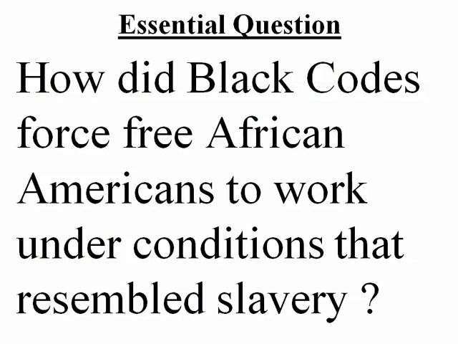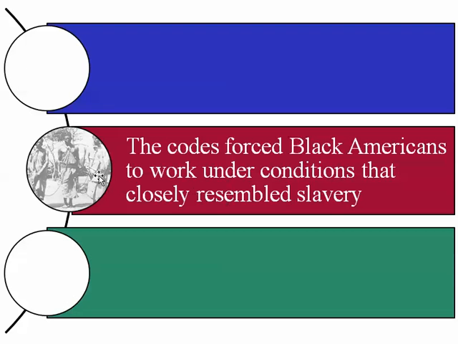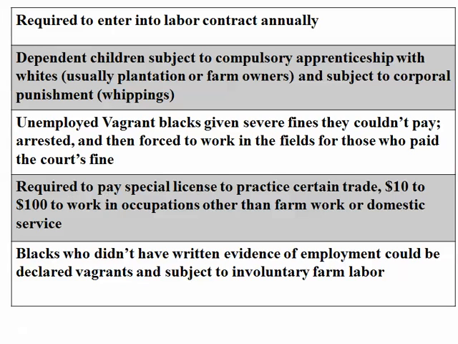Alright, the next one is, how did black codes force free African Americans to work under conditions that resemble slavery? And we talked about that one in the middle one here. At the core of these black codes lay this matter of labor, of work.